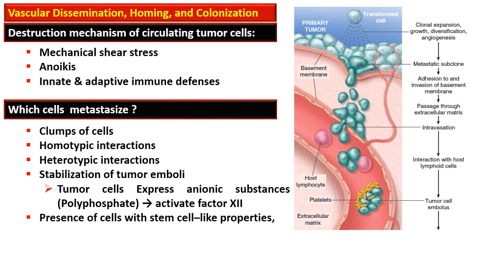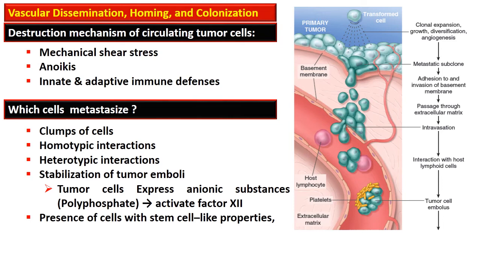So, which cells metastasize and what decides their destiny and route? These are still under investigation. Some clues are identified. One is that the malignant cells move in groups.